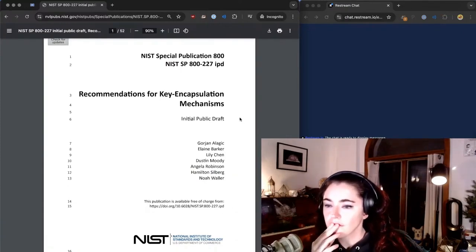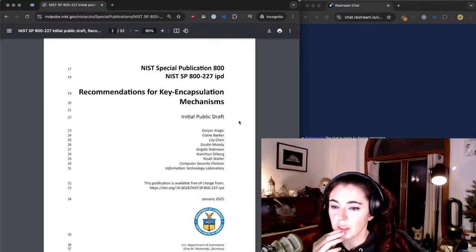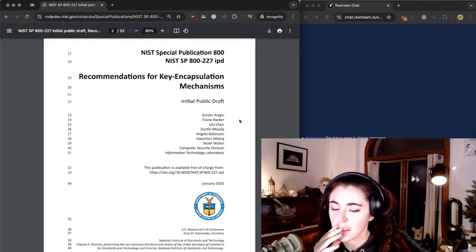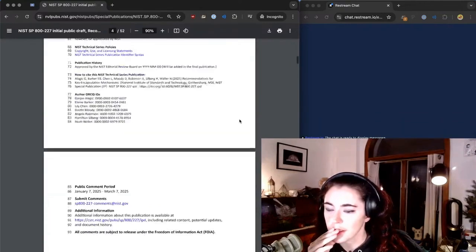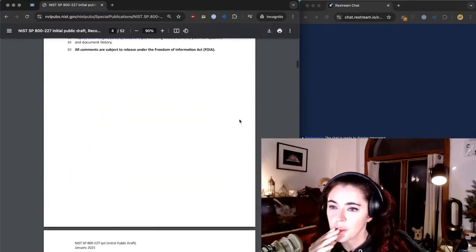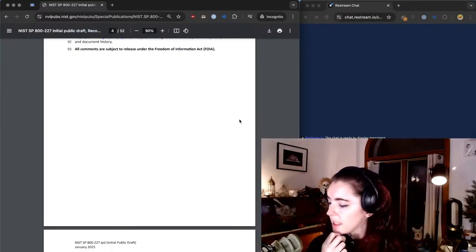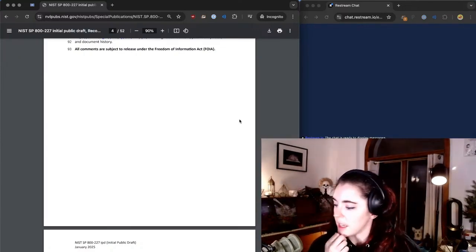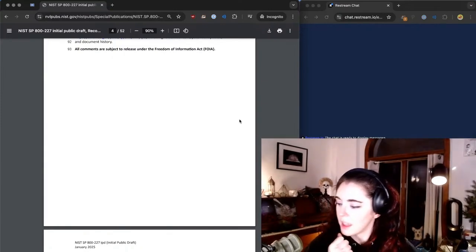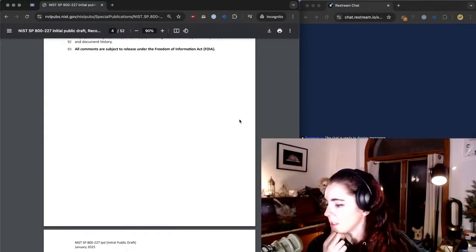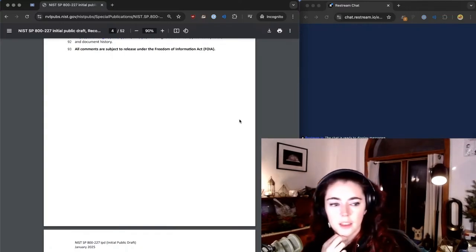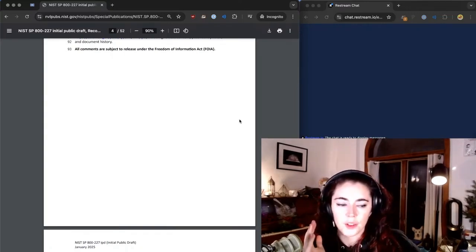Okie dokie. So I've literally been holding off on looking at this, so you get like a live react. Ooh, interesting. So one of the things that we definitely want guidance on is that NIST has been basing all of their compliance stuff on other special publications about how to do KDF stuff, how to derive secrets.